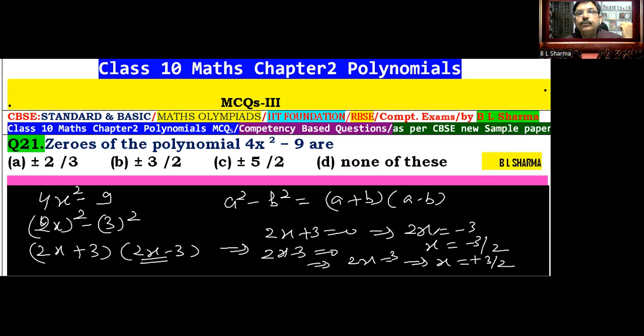So the two zeros are, one is negative of 3 by 2, other is positive of 3 by 2. इन दोनों को combined form में हम लिखते हैं पॉजिटिव 3 by 2 एंड नेगेटिव 3 by 2. So we can write plus minus 3 by 2, and B is the correct option.